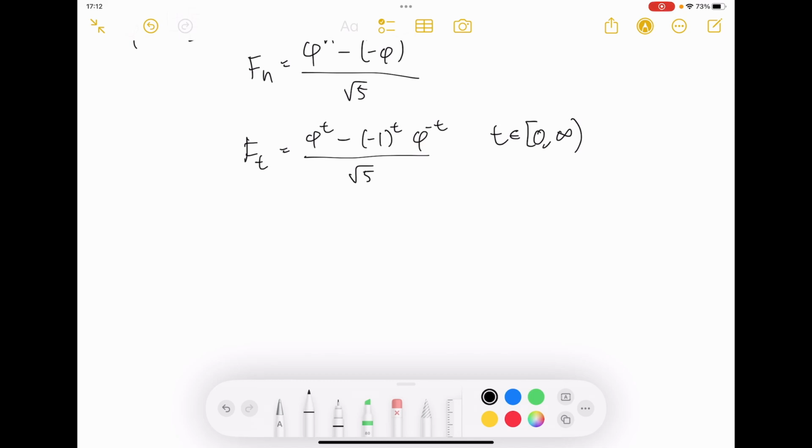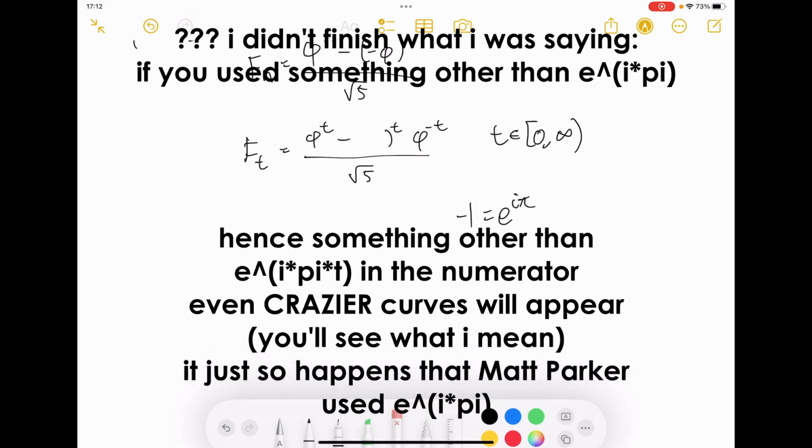He plotted f sub t when t ranges from 0 to infinity, and he used minus 1 is e to the i pi, not e to the 3 i pi or anything, because that will ultimately become e to the i pi t.